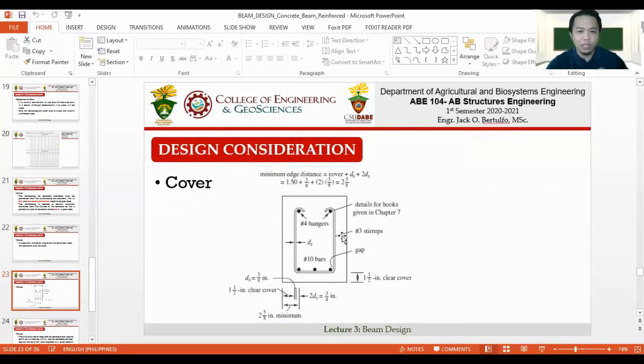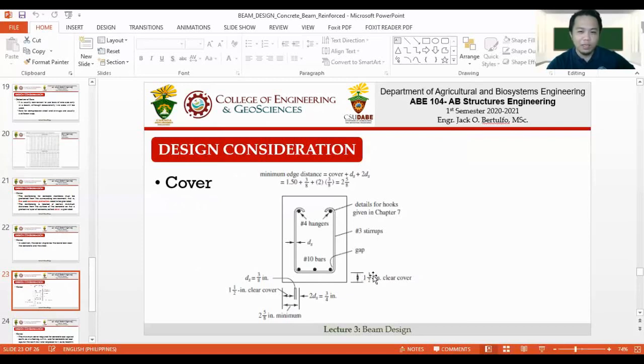That's what we call stirrups. I think you're familiar with stirrups. You can see them in the beam as boxes. But usually in the Philippines, we did not commonly use this type. We usually use the square one.